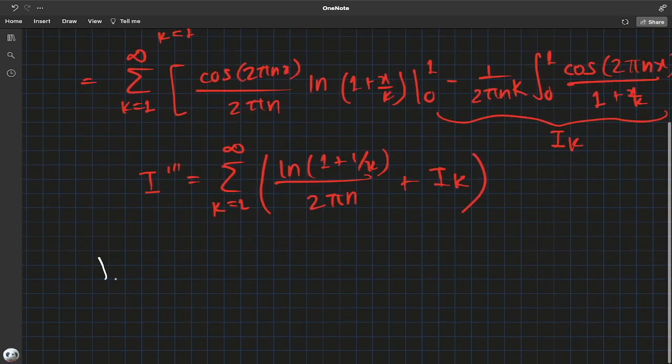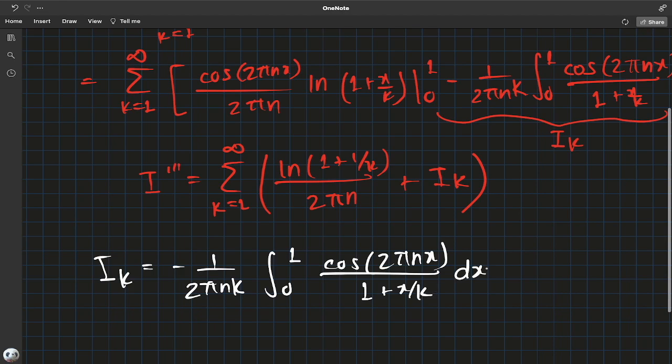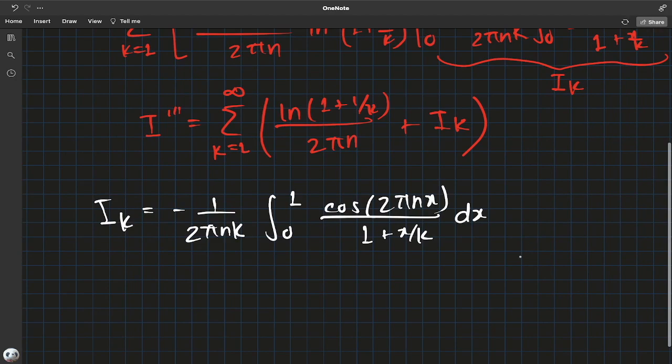So I sub k is negative 1 over 2 pi n k times the integral from 0 to 1 of cosine 2 pi n x divided by 1 plus x per k dx. You can do a quick substitution.